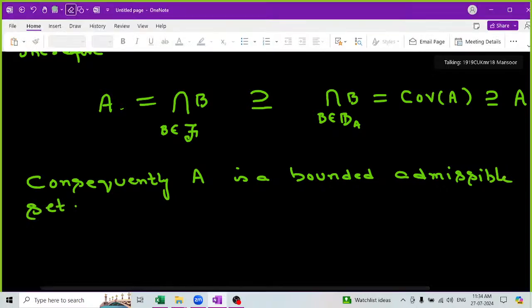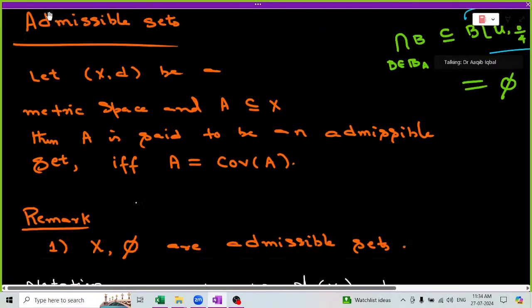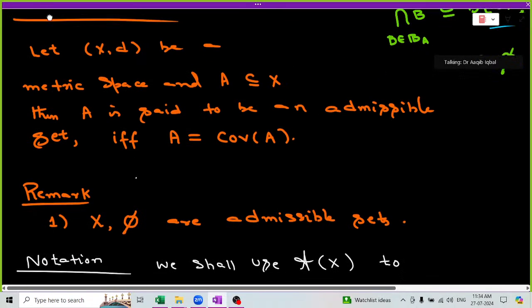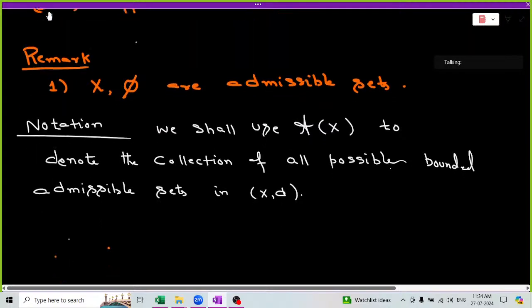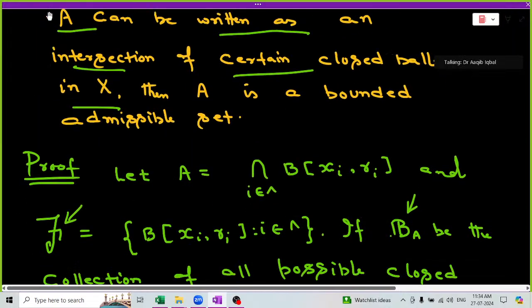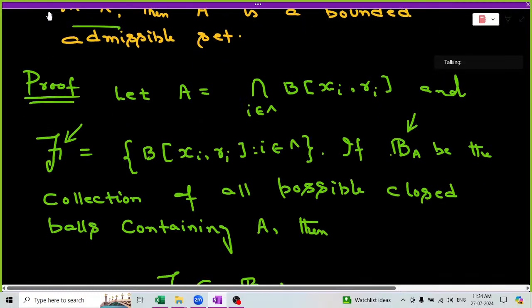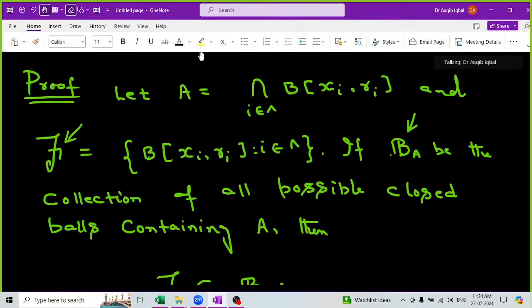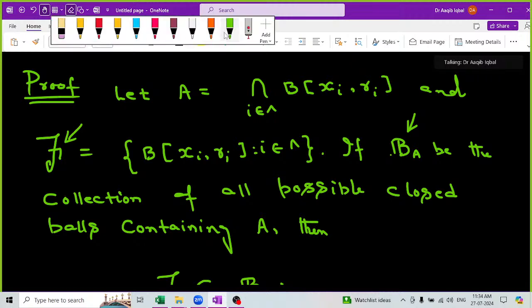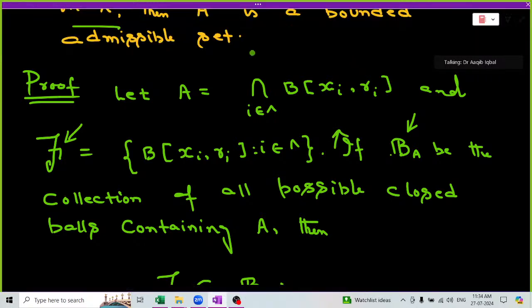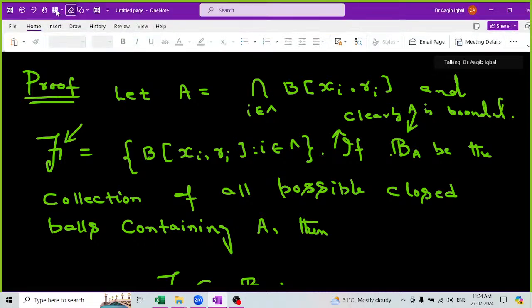It is an intersection of balls, so it will be contained in the balls, and contained in a ball means boundedness. In fact, you can write this in the proof too: add one line, clearly A is bounded, full stop, and then the rest of what we have already written.